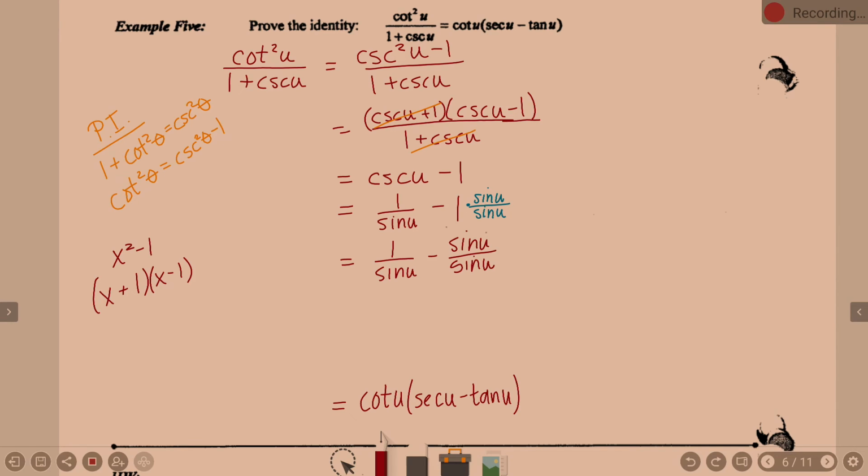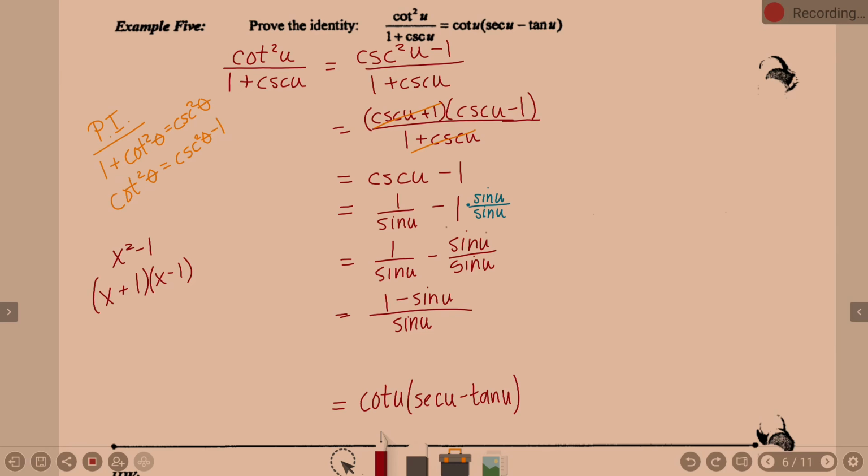When I put that together as one fraction, it's 1 minus sine u over sine u. At this point, and I'm definitely not going to argue this is the only way to do this problem, there could be other better ways, but I just haven't found it.